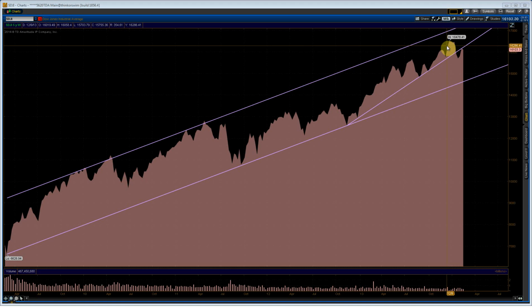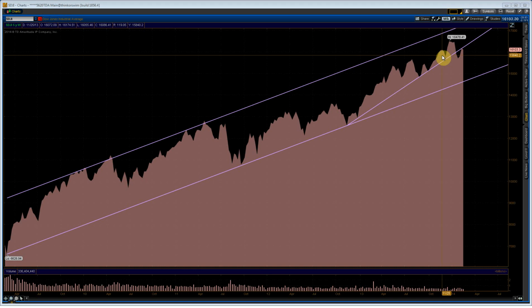Now, I've told members of the coaches roster several times that as the fundamental change takes place, we would begin to see lower lows and lower highs, a very, very simple technical analysis to make.